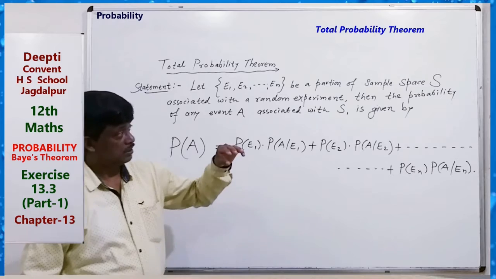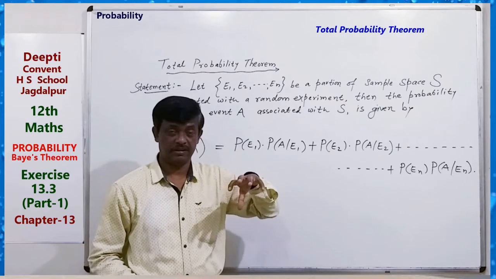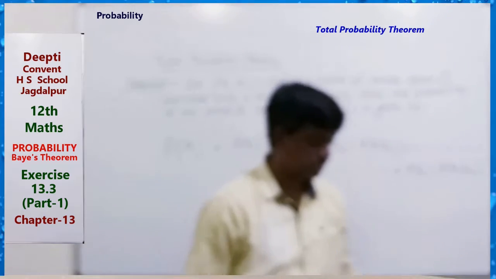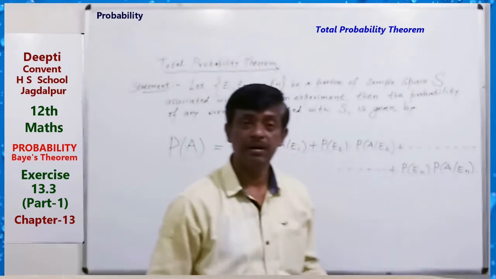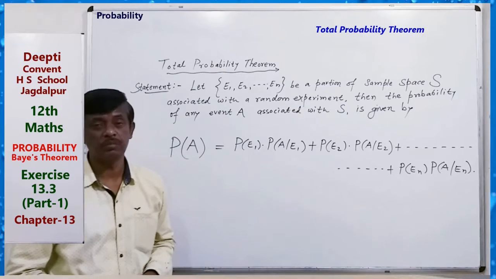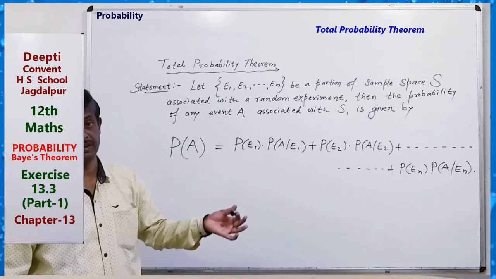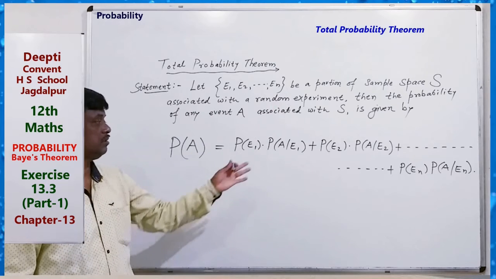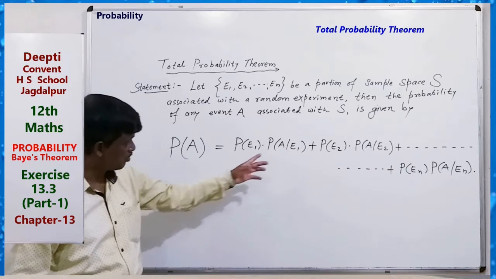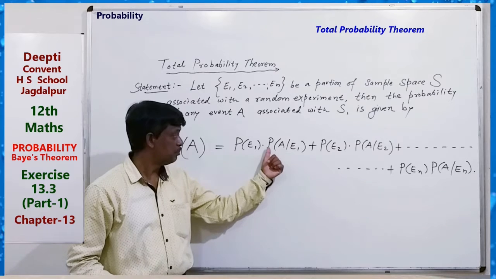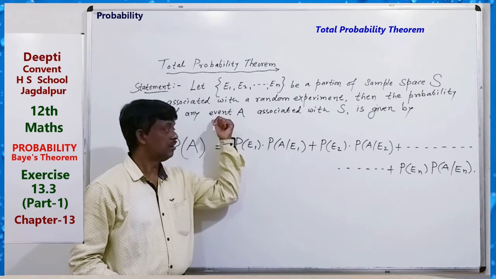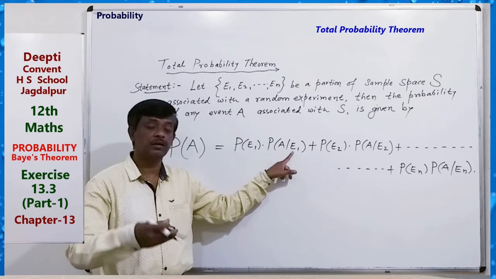Then suppose any event related to the sample space S. Event means a subset of the sample space. So for any event associated with S, the probability is given by this formula. What is P(A given E1)? It is the probability of event A when E1 has already occurred.